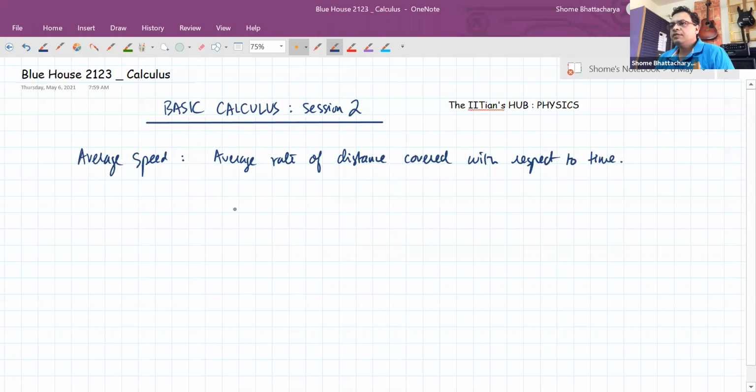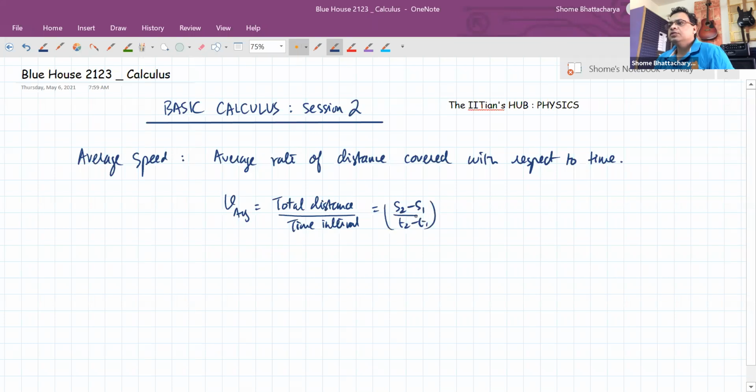So we had seen the formula for average speed becomes total distance in a certain interval of time divided by the time interval. So that we might say is S2 minus S1 divided by T2 minus T1.